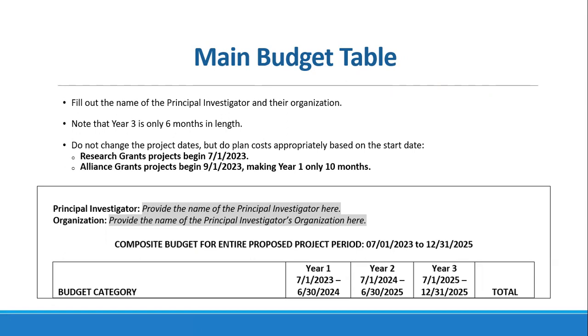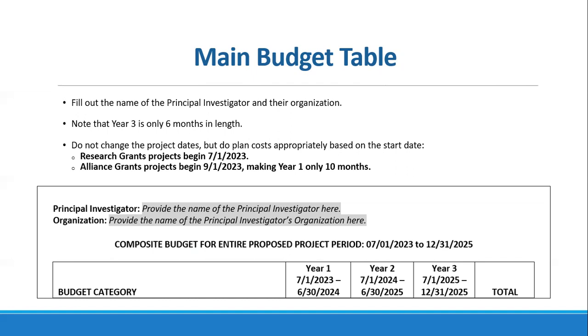The definition of principal investigator can be found there, and it is useful to go and look at. Those terms and conditions can be found on the proposal application materials site for the relevant program that you're applying to. So again, that's the Alliance Grants Proposal Application Materials or the Research Grants Proposal Application Materials website.